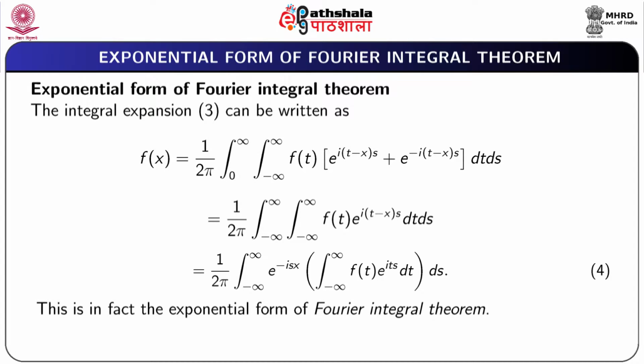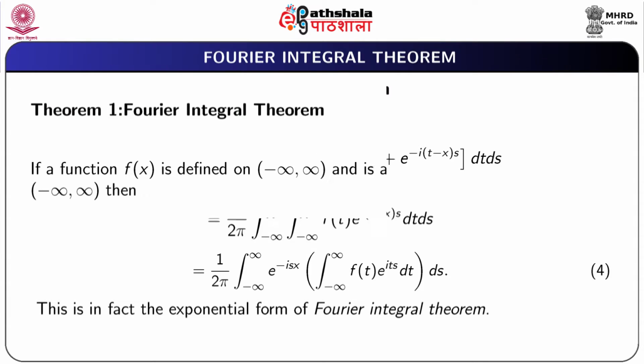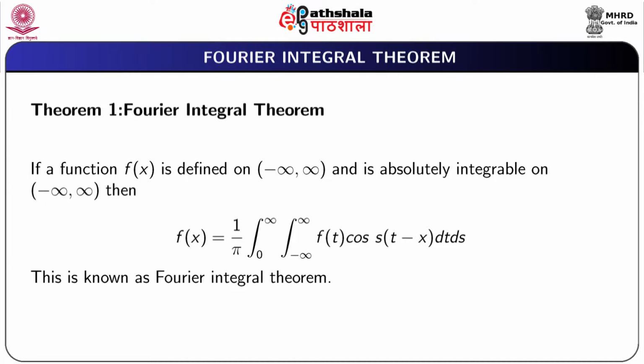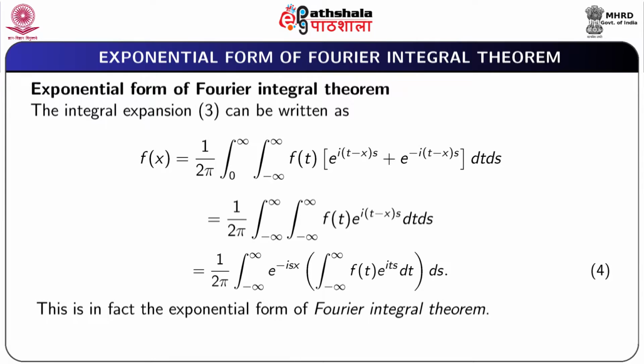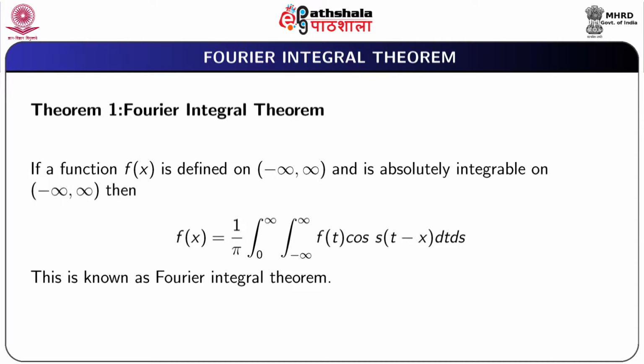Now, from the Fourier integral theorem as given in equation 3, we can derive the exponential form of the Fourier integral theorem. For this we write the expansion for f(x) as given here.